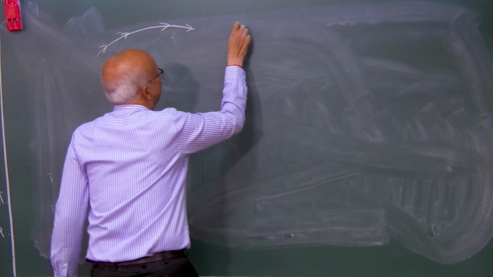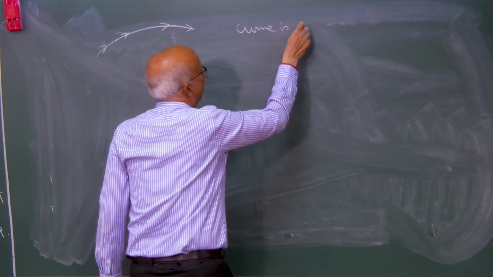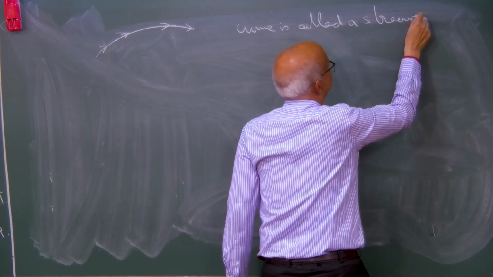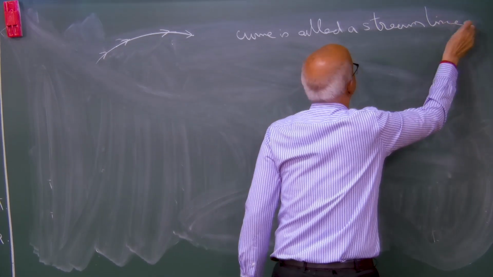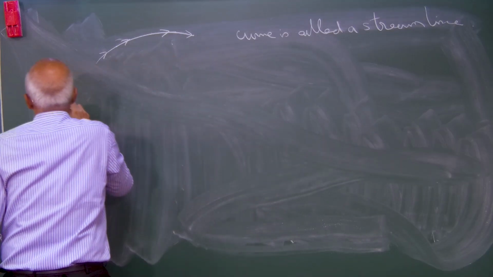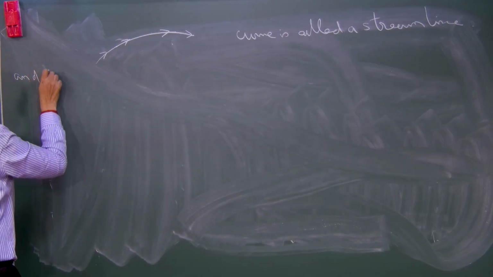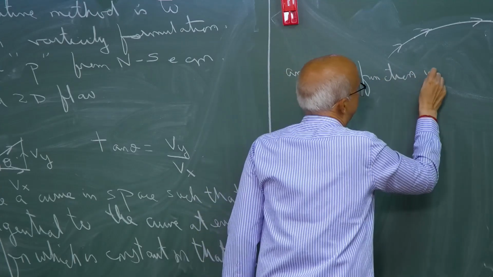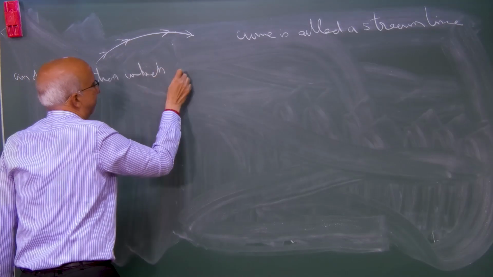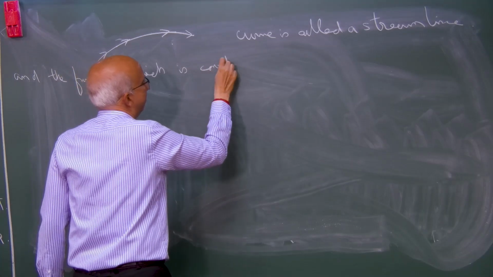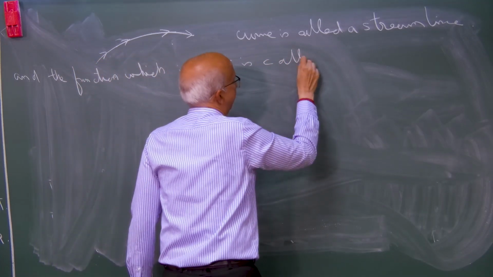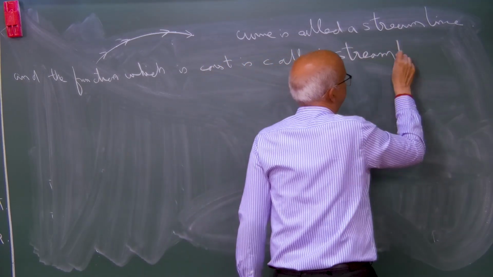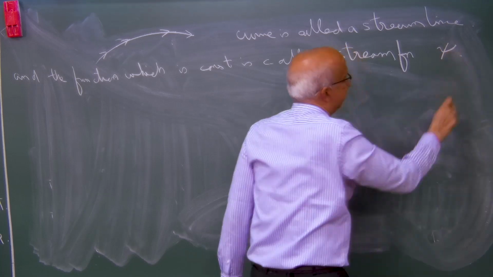So, this curve is called a streamline, and the function which is constant is called the stream function, and it is denoted by psi.